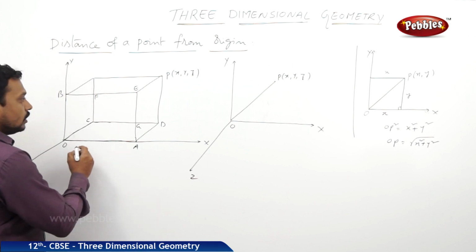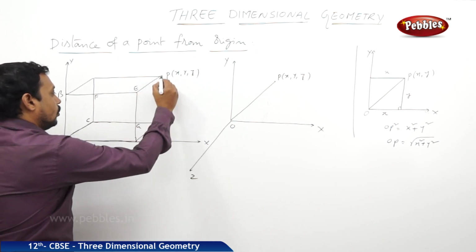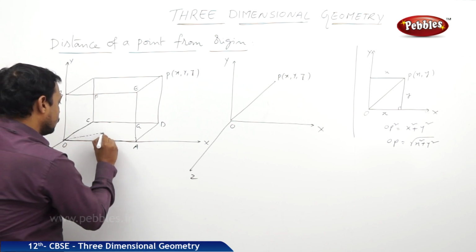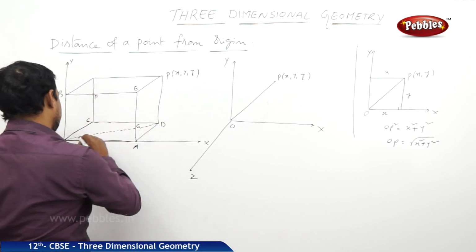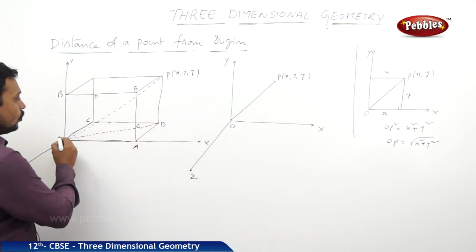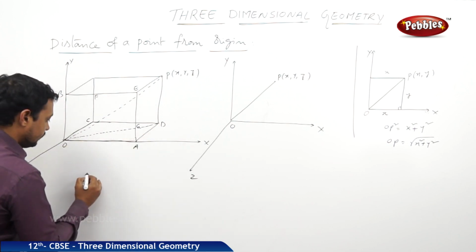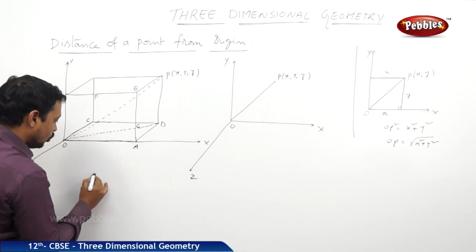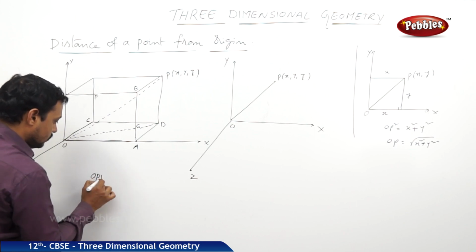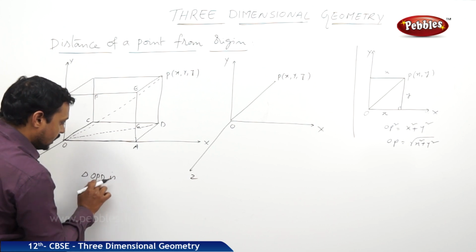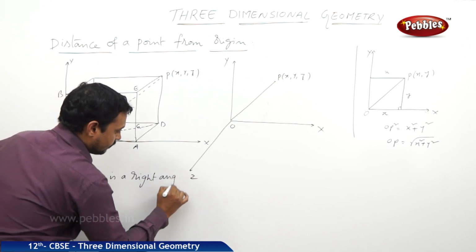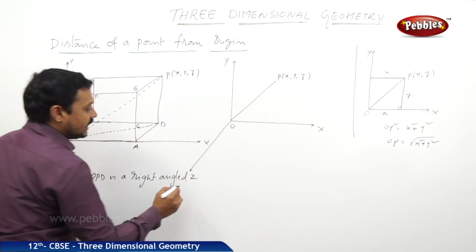Here, a right angle triangle is formed. See, O, P, D. From this diagram, the triangle OPD is a right angle triangle.